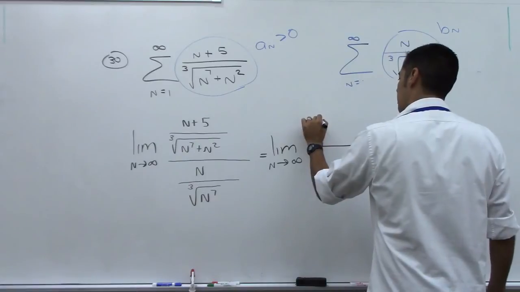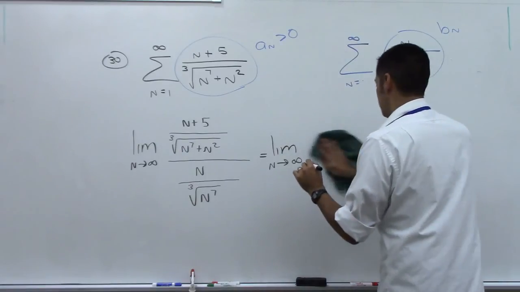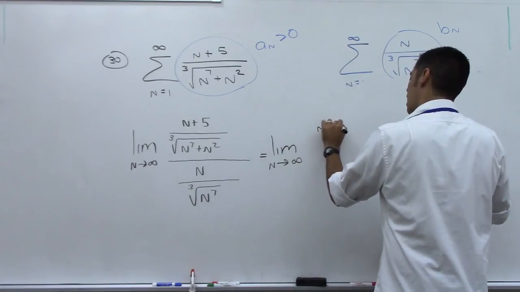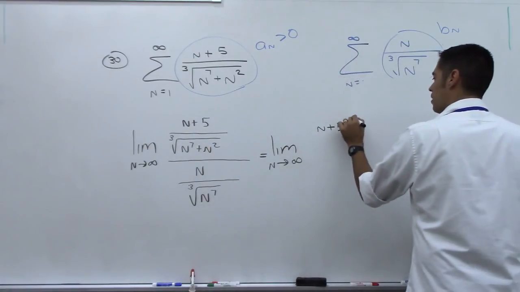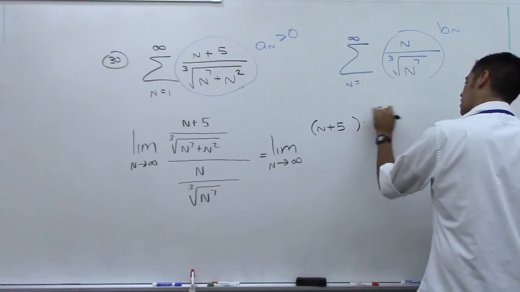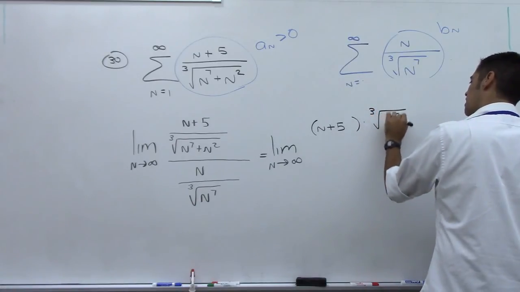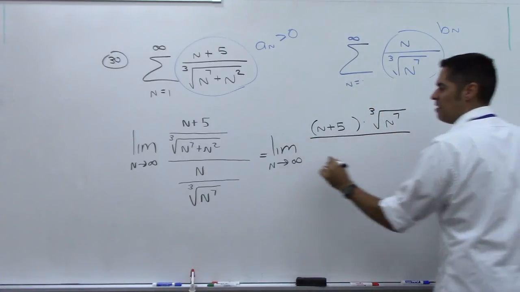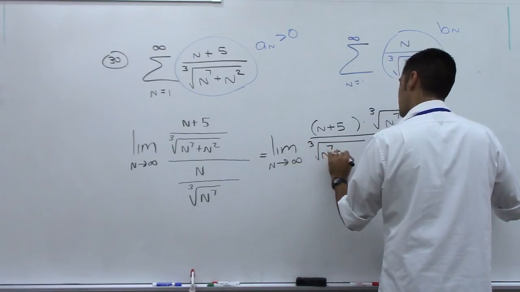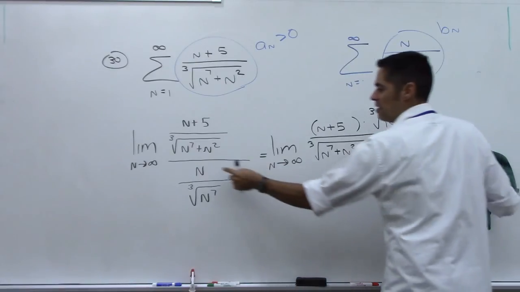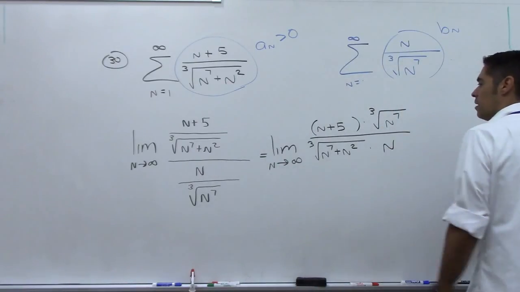I'm going to have the n plus 5 up top, that's this. What came up to join it is this one, so times the cube root of n to the 7th, over the cube root of n to the 7th plus n squared times, and this n joined it on the bottom.